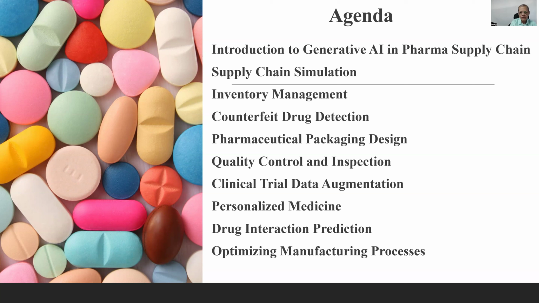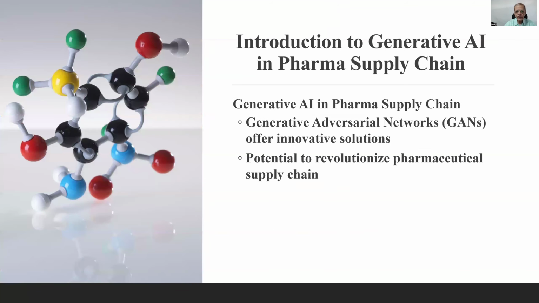In pharma, counterfeit drug detection is very important. Pharmaceutical packaging design, quality control and inspections, clinical trials and data augmentation, personalized medicines, drug interaction predictions, optimizing manufacturing processes. So let's get into the details.